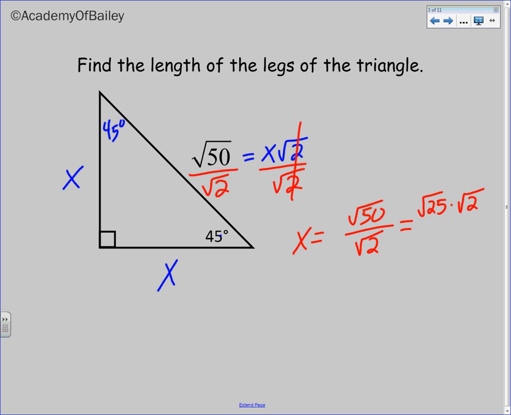The square root of 25 times the square root of 2, and the square root of 2 is on bottom. And so from here, cancel those out, leaving us with the square root of 25. But what is that? That is 5. So therefore, x equals 5 for both of them.